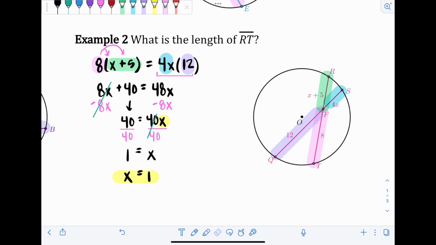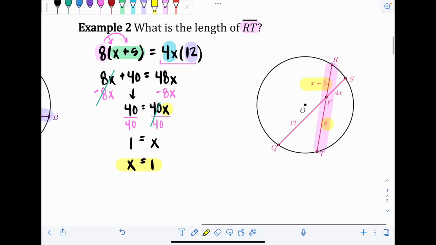And then the original question was, what is the length of RT? You'll notice RT is x plus 5 plus 8. So I'm going to write that out.